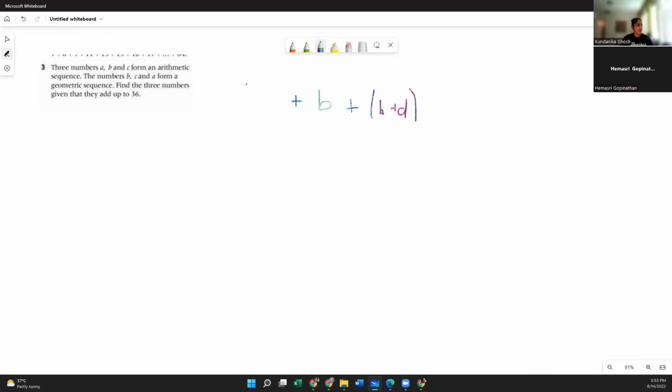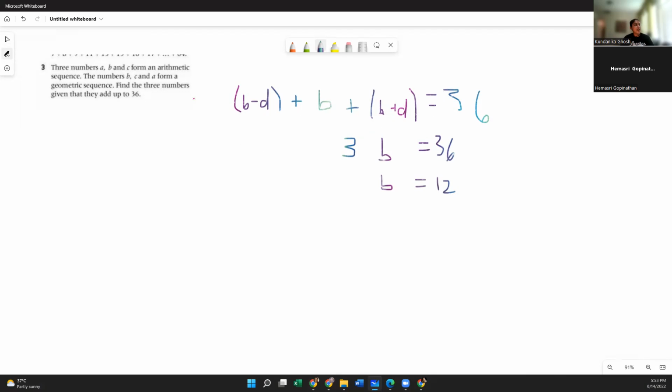And on the other side, you're going to have B minus D. So all of this equals 36, correct? Minus D and plus D cancel out, so you end up with 3B equals 36. So that means that B equals 12. You see how I got that? Okay, great.